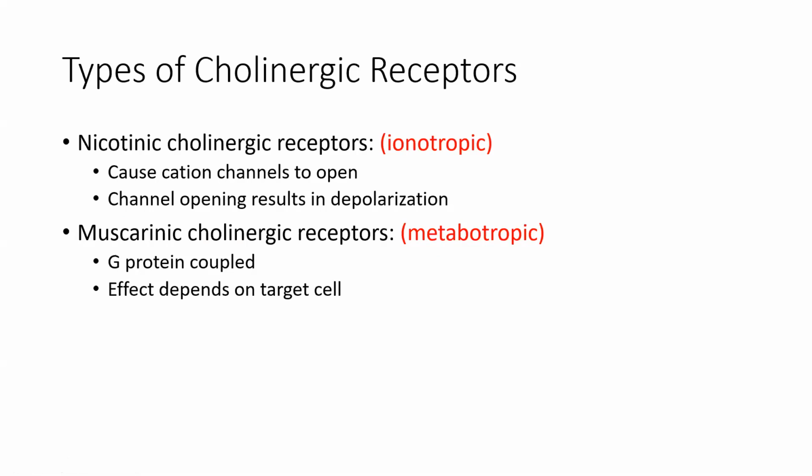Okay, so here we'll just differentiate between our two types of cholinergic receptors. Now, we know the general rule is that a cholinergic receptor is a receptor that binds acetylcholine, but the way that they respond is how they differ. So a nicotinic cholinergic receptor, also called an ionotropic receptor, is a fast receptor. Again, this should be something familiar to us from our previous unit.